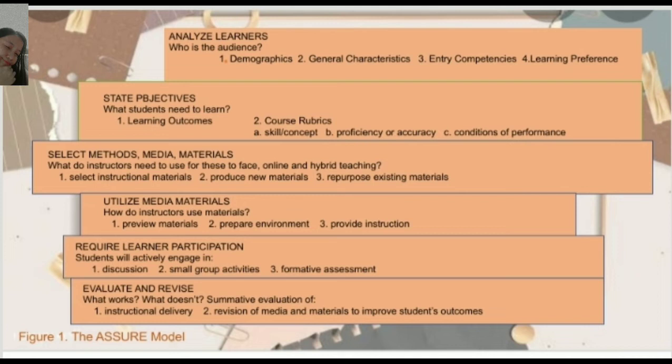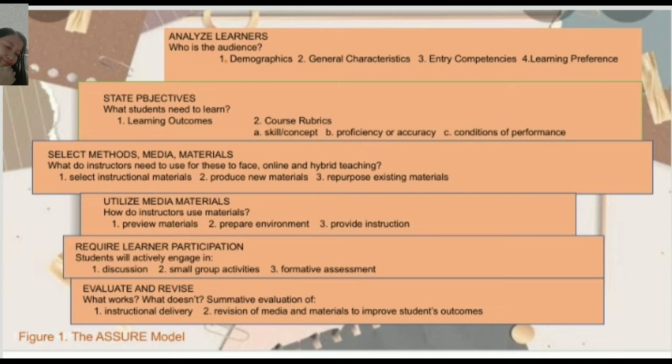How do instructors use materials? 1 is preview materials. 2, prepare environment. And 3, to provide instruction. Require learner participation. Students will actively engage in the following: discussion, small group activities, and formative assessment.